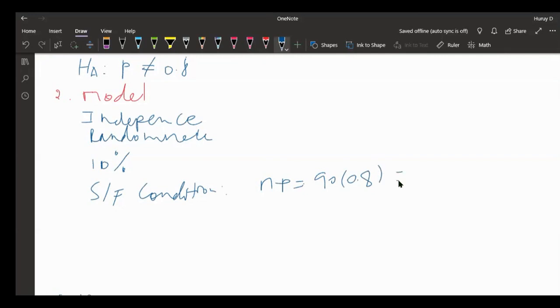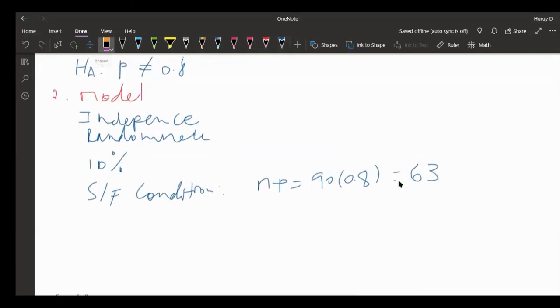And this value is 72. This is obviously greater than 10. And then I have n times q, and this is 90 times, well, q is 1 minus p, and this is just 0.2.